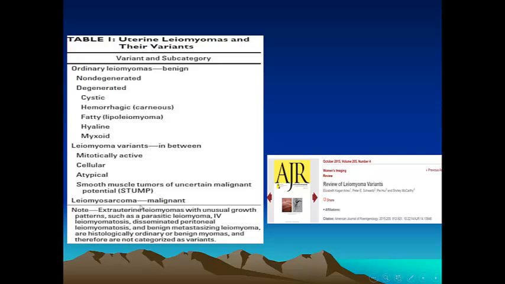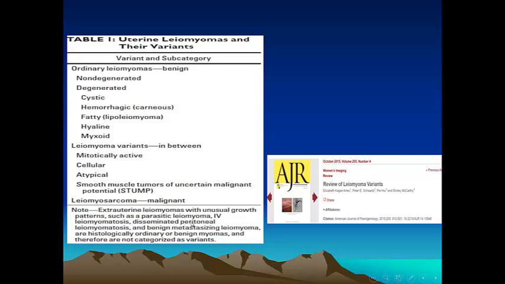And then we have another entity, the extrauterine leiomyomas. Sometimes it is a diagnostic dilemma. When it is extrauterine, we are queried to say, is this adnexal ovarian or is it a leiomyoma?